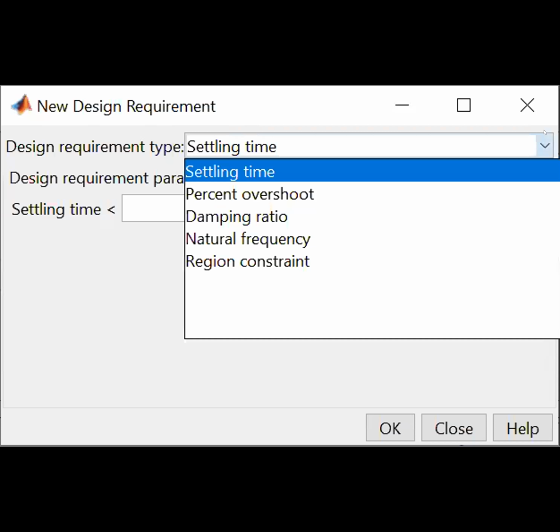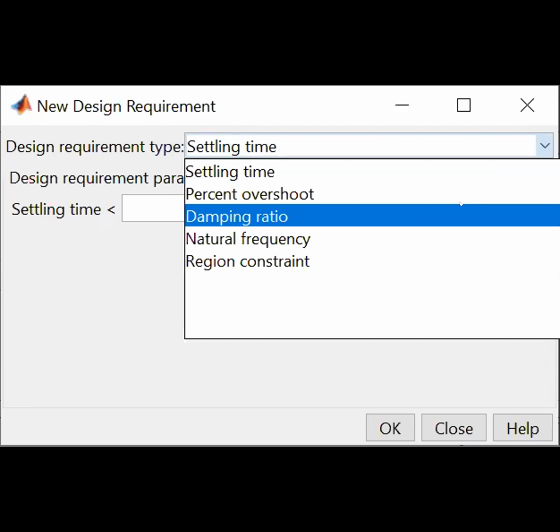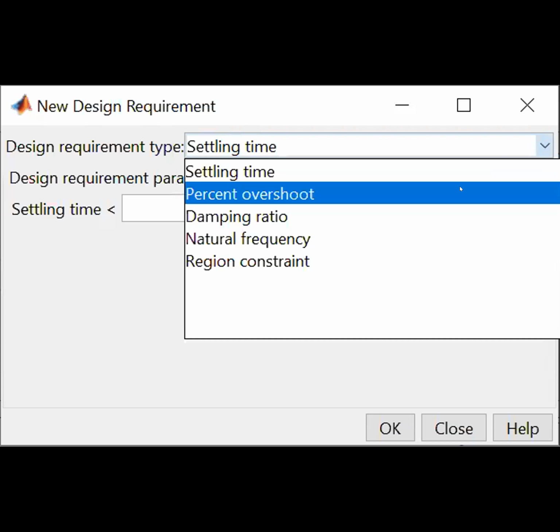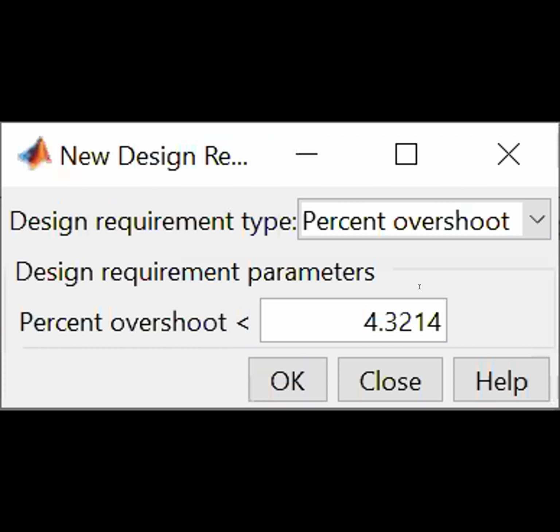And here you can actually add percentage overshoot. Our percentage overshoot should be less than 5%. My percentage overshoot is less than 5%. And as soon as I added my percentage overshoot less than 5%, you will notice something interesting has happened.